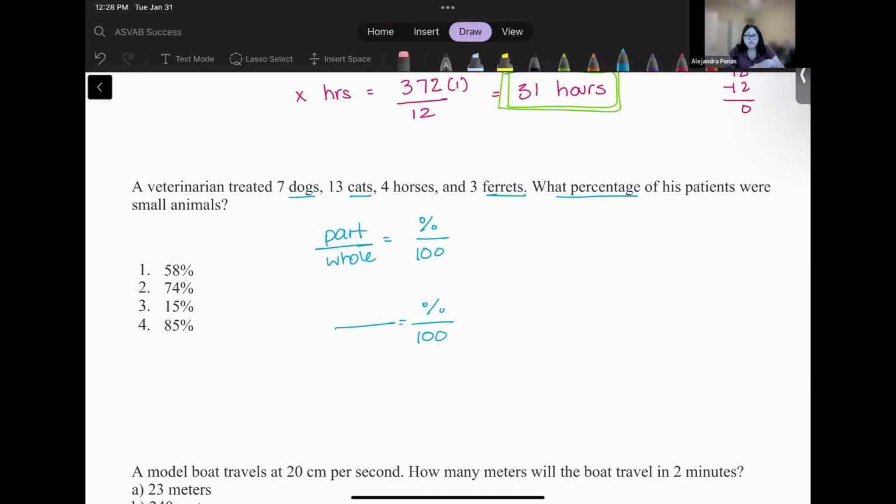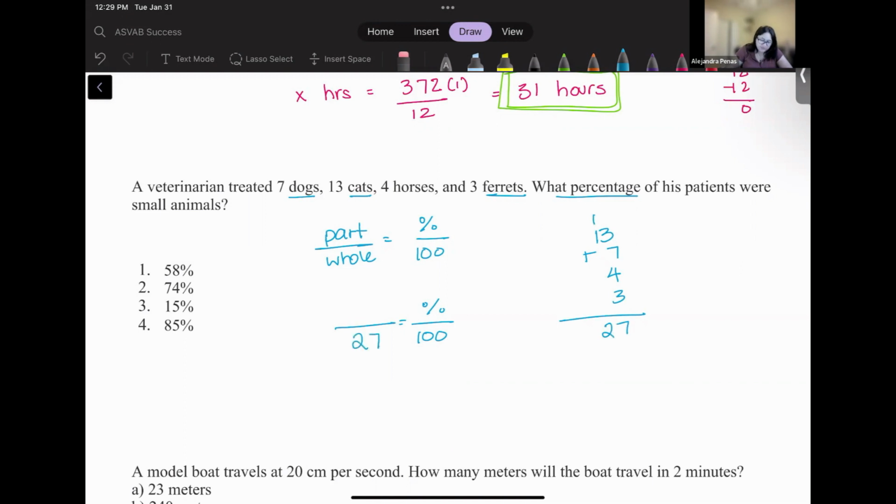The whole should be the total amount of patients he saw that day. So the total number of patients that he saw that day would be 13 plus 7 plus 4 plus 3. That would be 10 plus 7 is 17, carry the 1, that's 2.